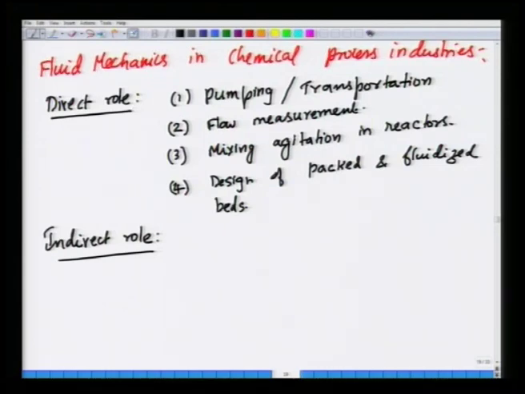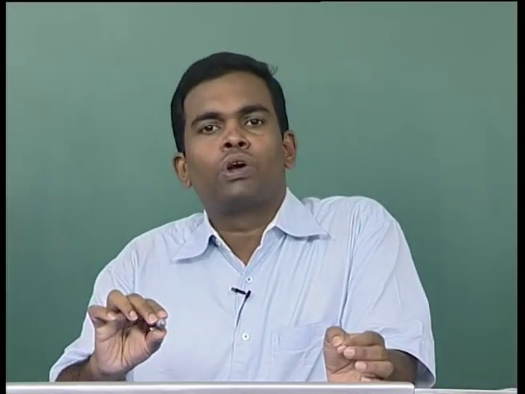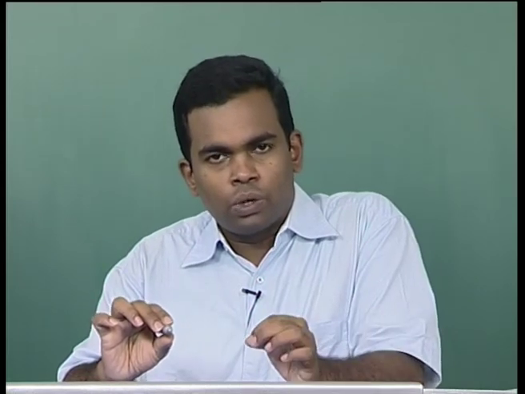For example, heat transfer in a heat exchanger, or a bubble column reactor where reaction is happening between the gas phase and liquid phase. There the role of fluid mechanics is important, but slightly indirect, because the role of the fluid is to bring the reactant from a place to a point of interest.